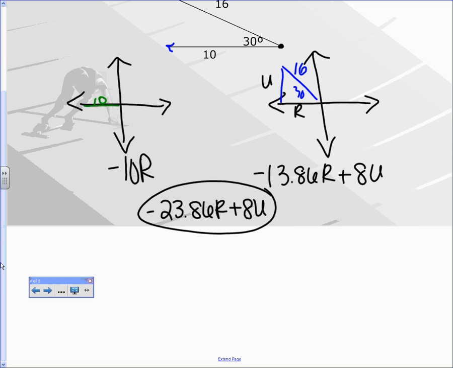What does polar look like? Your magnitude at an angle. I don't know what the little symbol is, so I just say at.